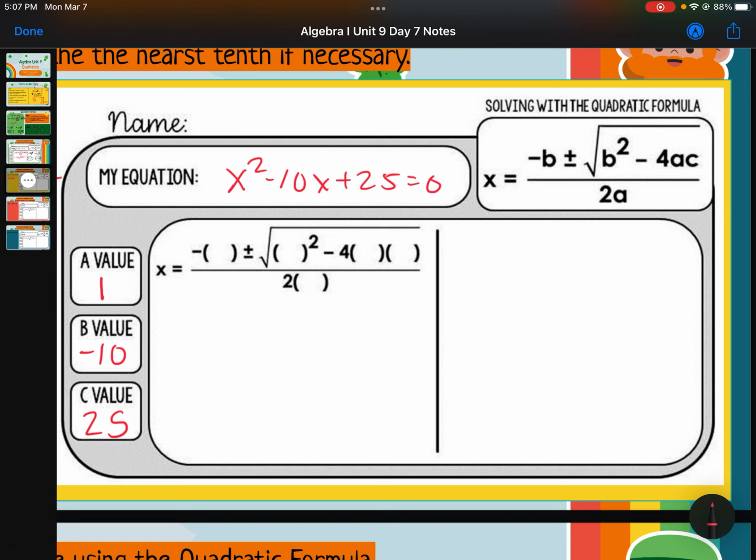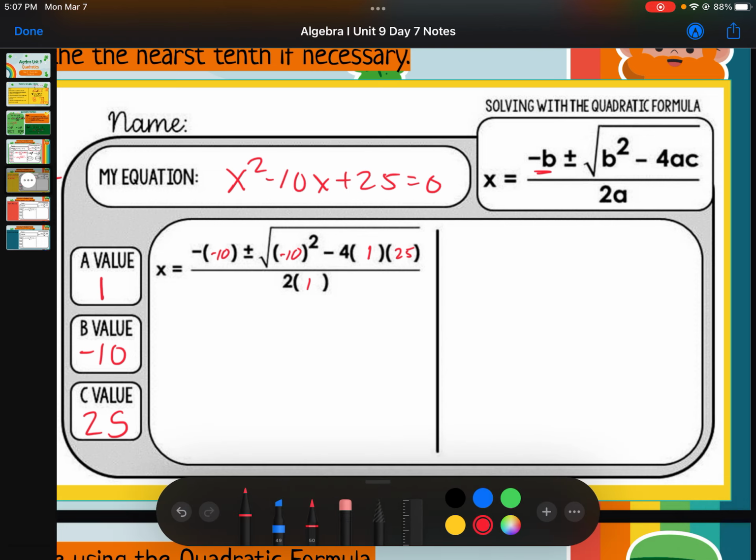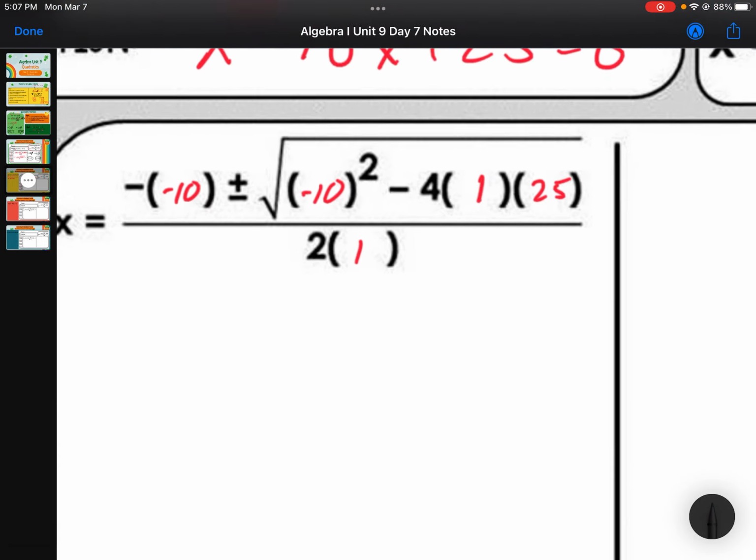All right, so I have negative b first, negative, and then my negative 10. Plus and minus square root of my b squared, so negative 10 squared, minus 4 times 1 times 25, all divided by 2 times a, which is 1. Okay, so next step, simplify this in chunks.